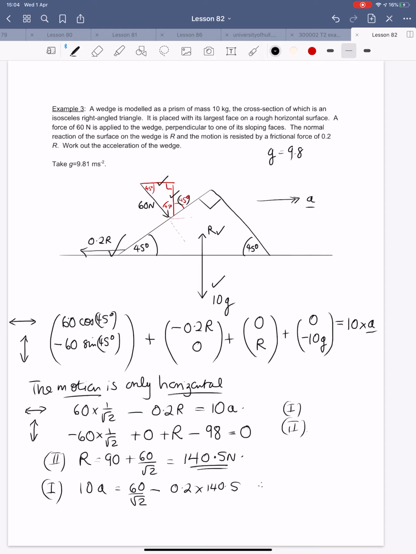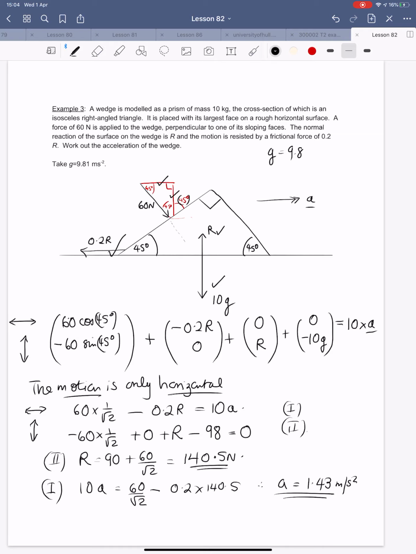That's correct. So A is 1.43 metres per second squared. And that's what we want, the acceleration, so we've done it.